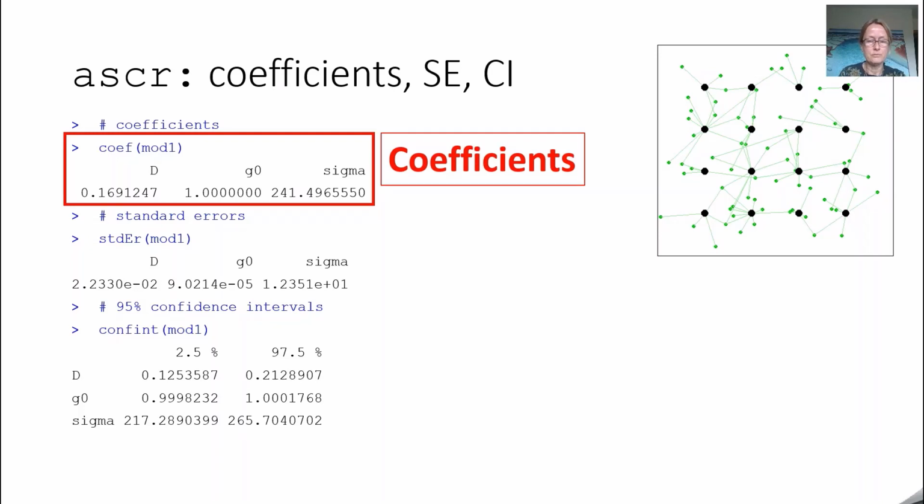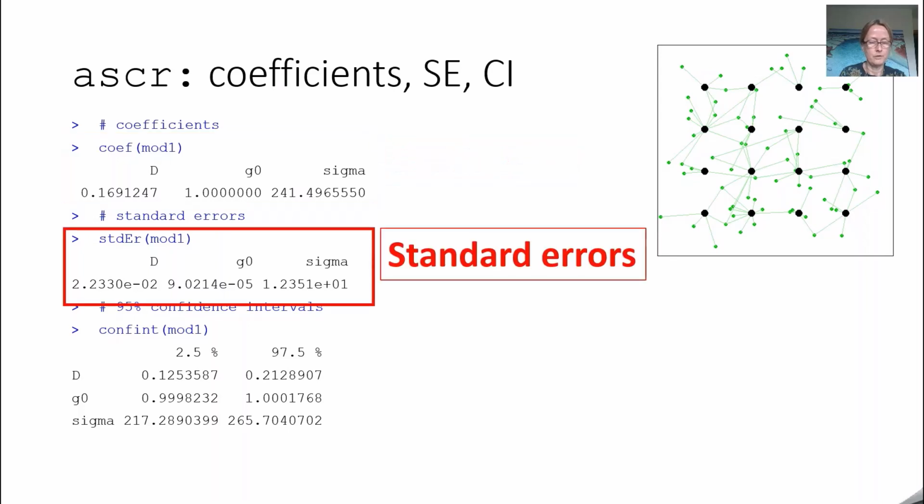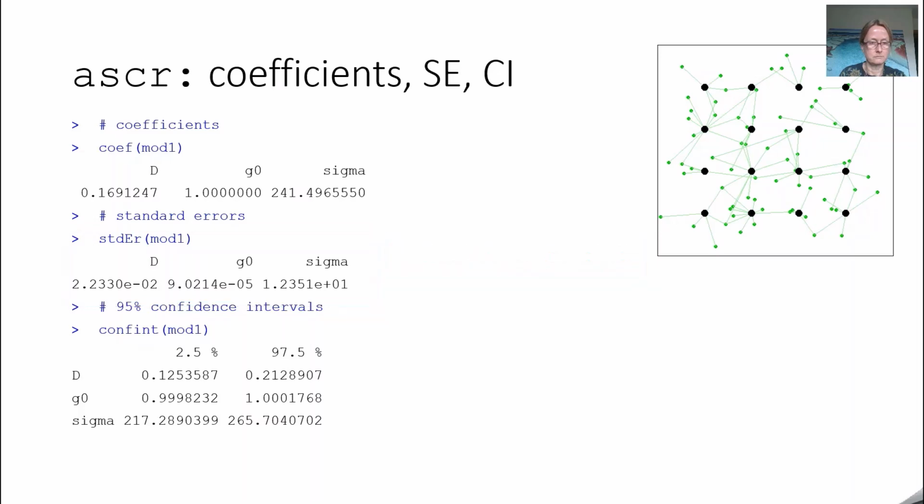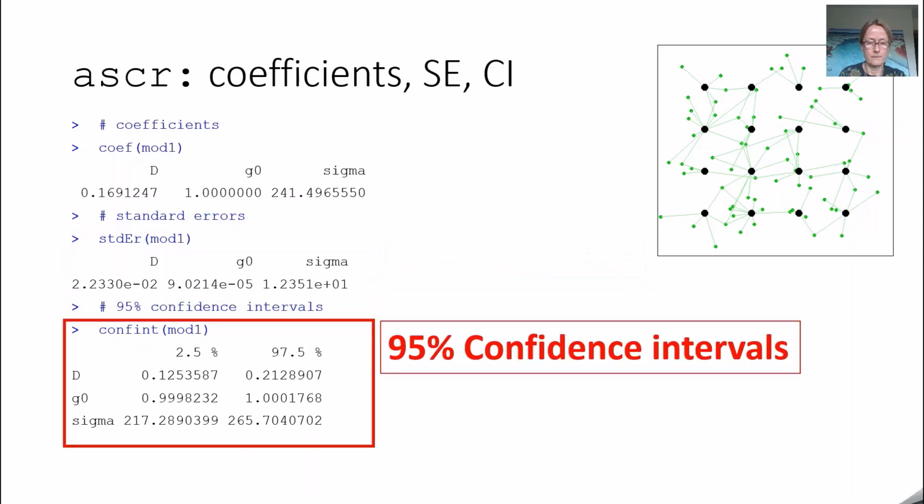For example, you can use the function coef to get the coefficients. You can use this function to get the standard error. And this function to get the 95% confidence interval of all three parameters.